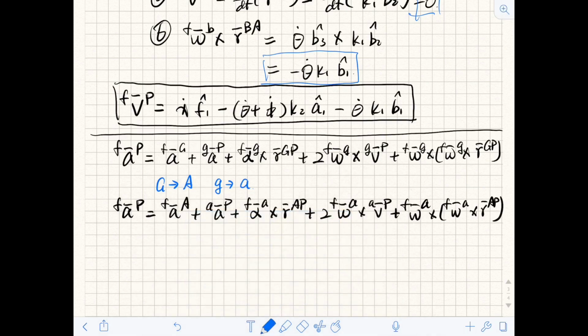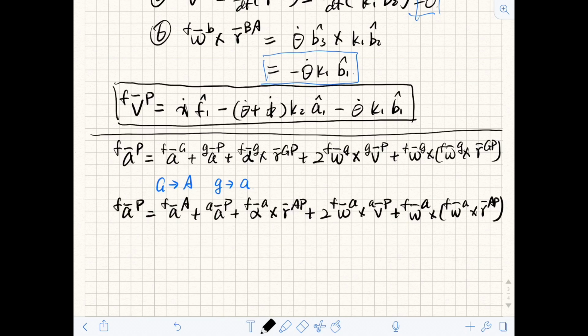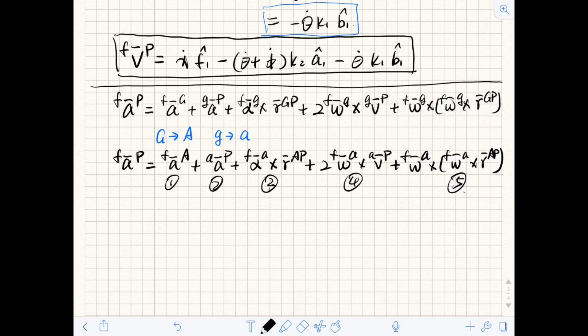Again, we can work this term by term. We'll reuse numbers 1, 2, 3 here. We'll start with term 2.